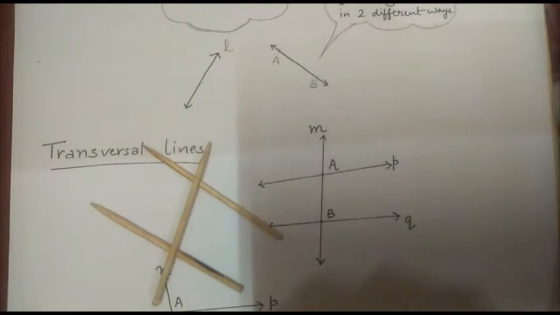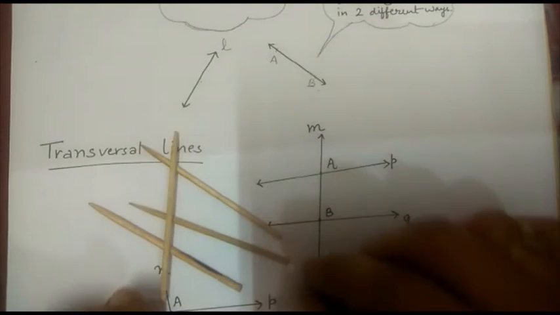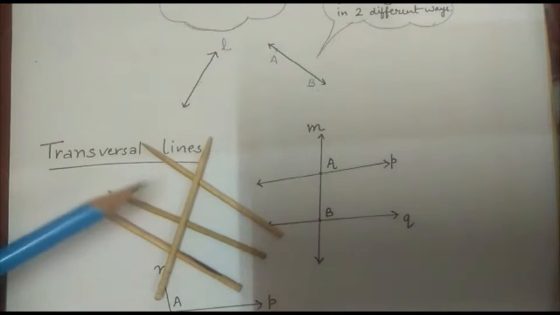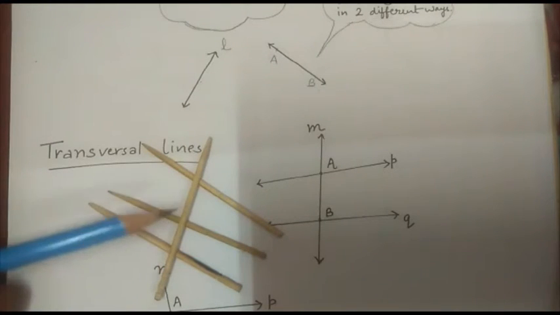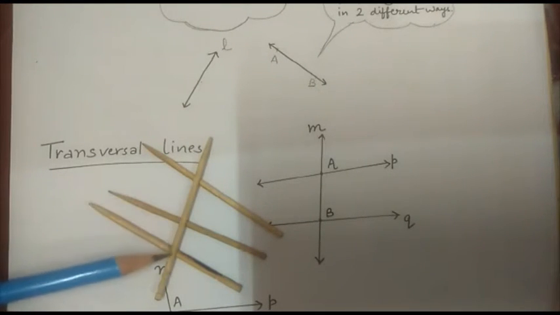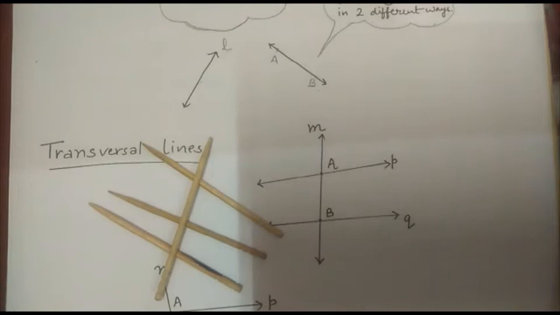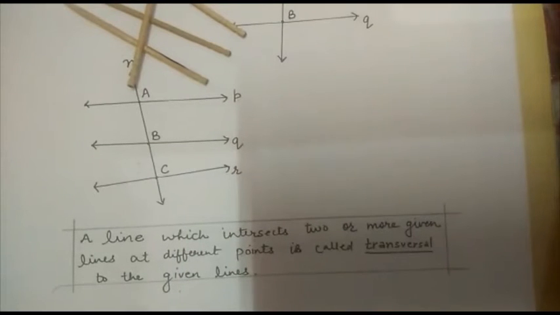If I keep one more line here like this, again these three lines are being intersected by this fourth line at three different points. This line is known as transversal line, means a line which intersects two or more given lines at different points is called transversal to the given lines.